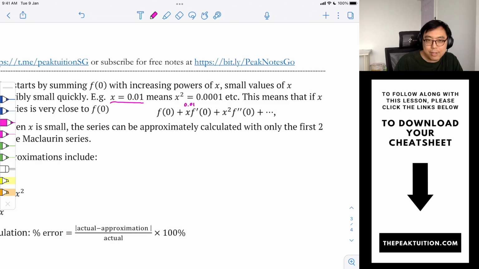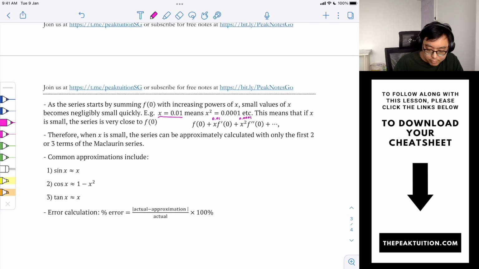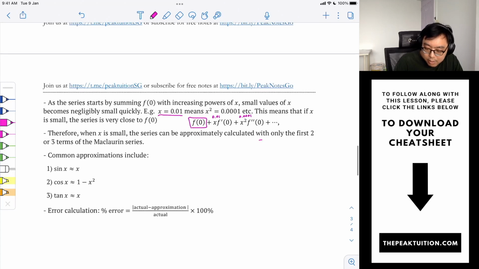Your second derivative at x equals 0 is multiplied by 0.0001. And the third derivative will be even smaller, right? So when x is small, the higher terms quickly approach 0 and the series will be very, very close to the function at 0. Therefore, when x is small, this series can be approximately calculated with only the first 2 or 3 terms of the Maclaurin series.